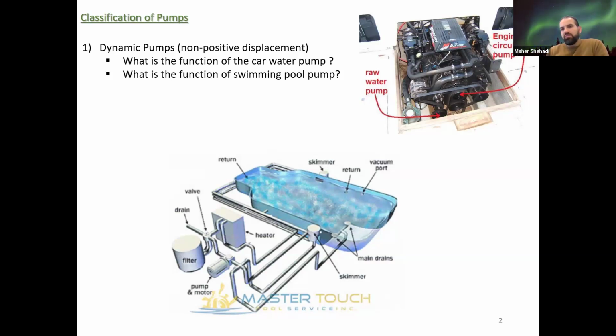The main reason or function for these pumps is to circulate the fluid, the water inside my system in order to cool it down. It's not meant to push, for example, a piston cylinder to push a load. So that's why these are called non-positive displacement pumps.